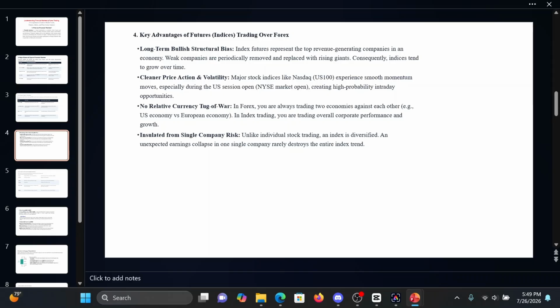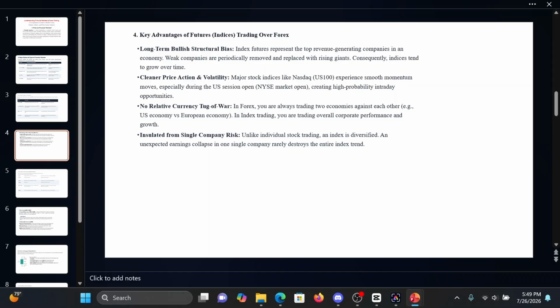Unlike forex, where someone is looking at a trade for one or two weeks, someone in the index market can capitalize on it within one day in form of points. So that's it: no relative currency tug of war. In forex, you are always trading two economies against each other, e.g. the US economy versus the European economy.